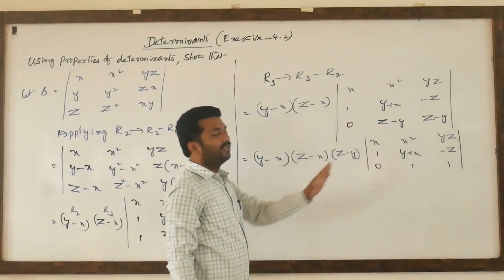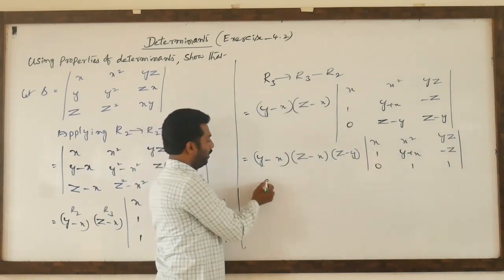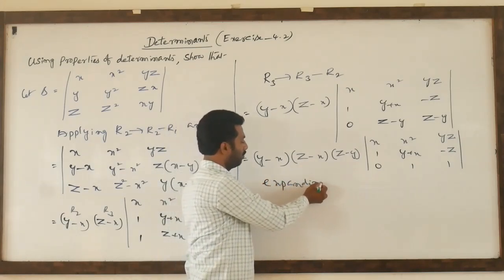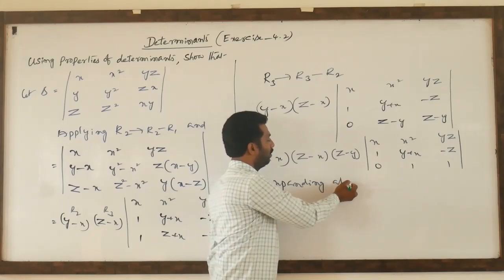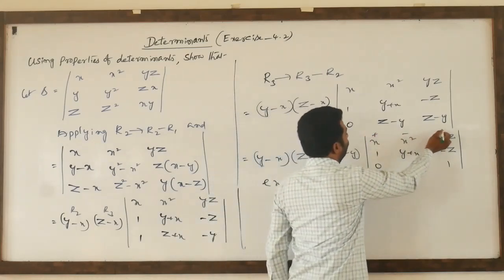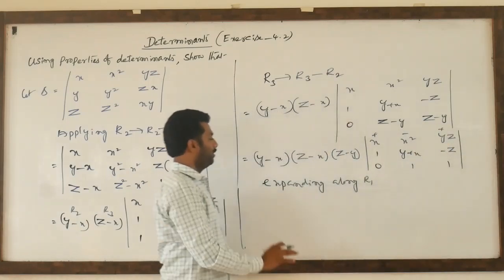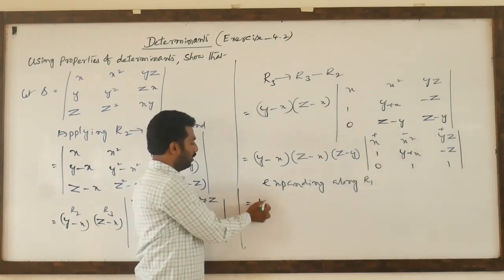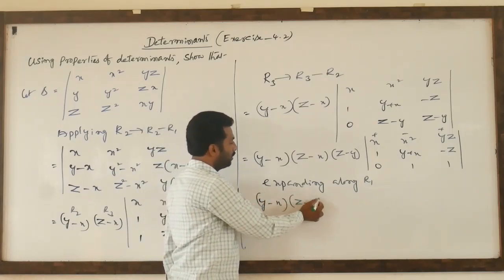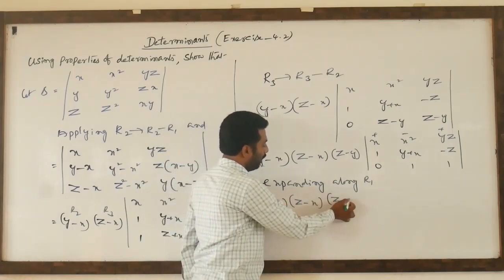Now we can expand this determinant, expanding along row 1 means symbols we have to change. So you observe, this is y minus x, z minus x, z minus y.